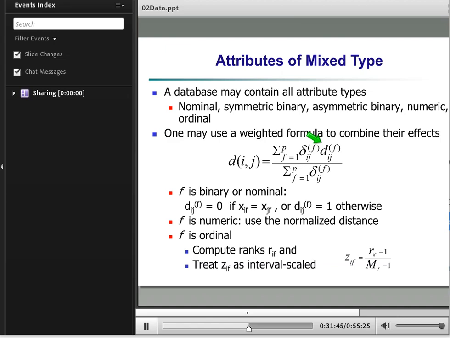Firstly, for each attribute, depending on the type of that attribute, I should calculate the distance or the similarity and dissimilarity between those values.